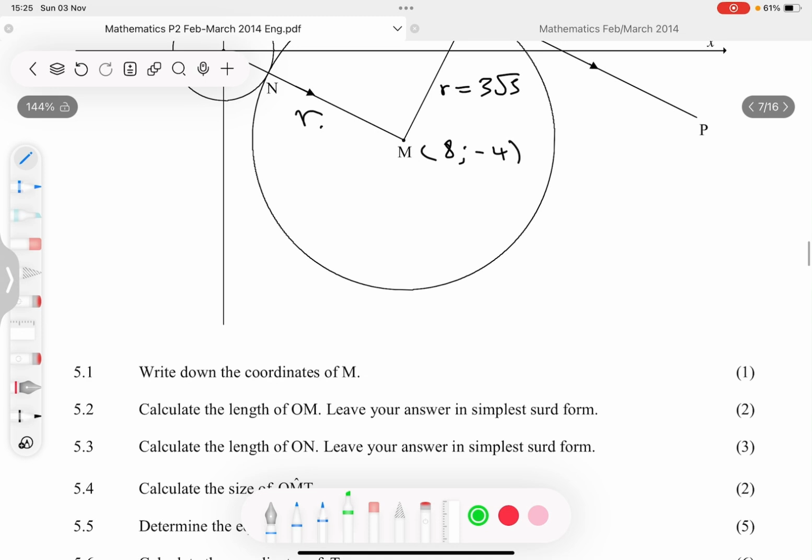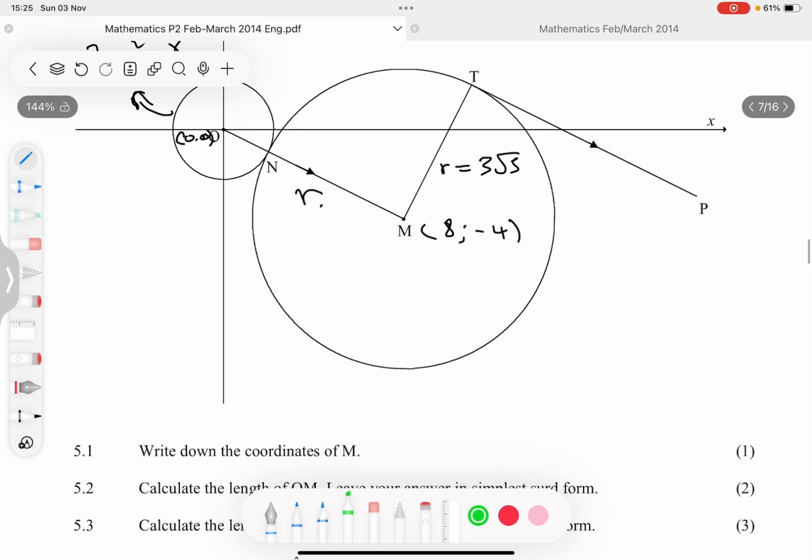So we're then going to do question 5.2 that says calculate the length OM. So where is OM? Let's look at that. OM is from the center of the other circle to the center of this first circle, that is the center M, OM, this distance here. Already I can see that I have my coordinates here, the O and the M. So this will simply be a question where we use the distance formula to find that length, right?